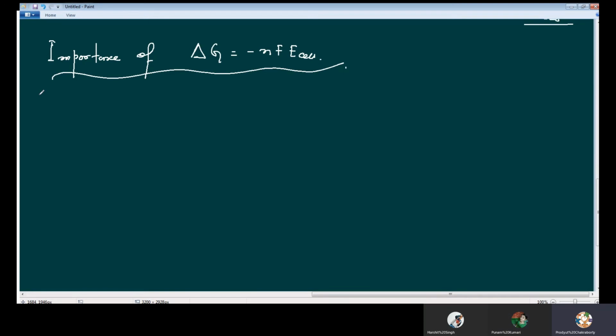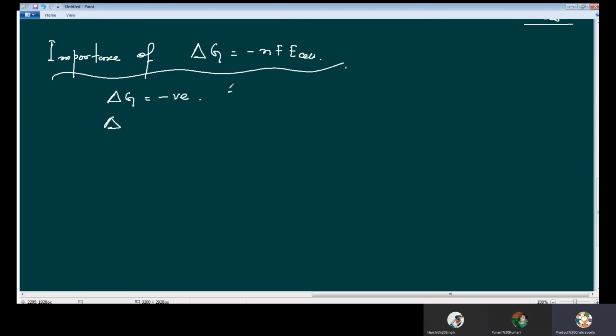At constant pressure and temperature, del G is negative for a spontaneous reaction, meaning it is going on, right?